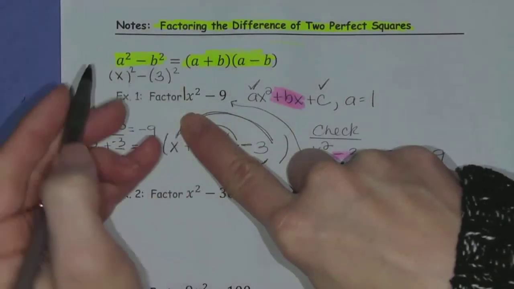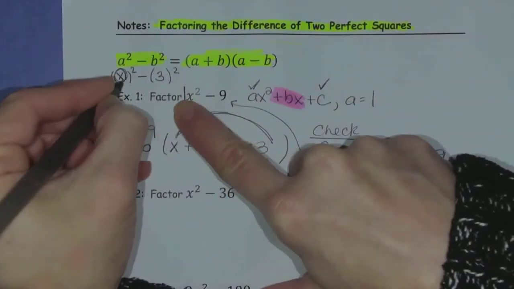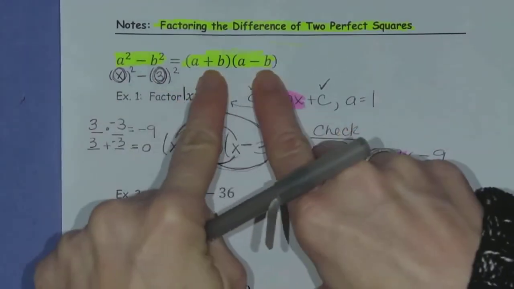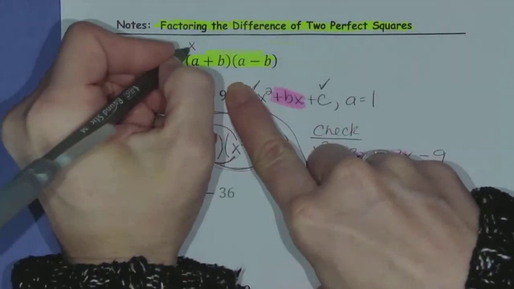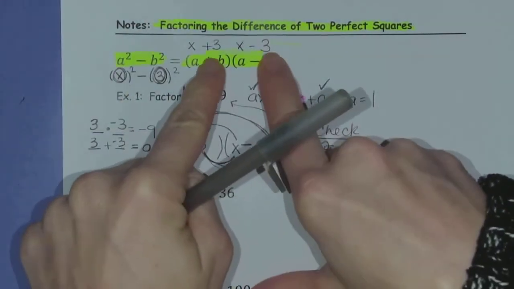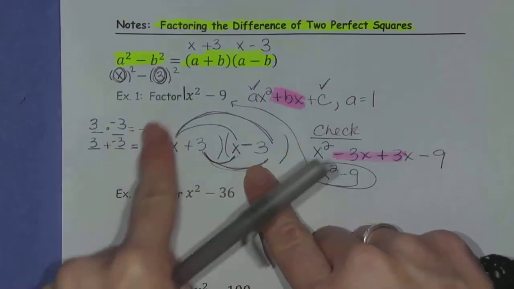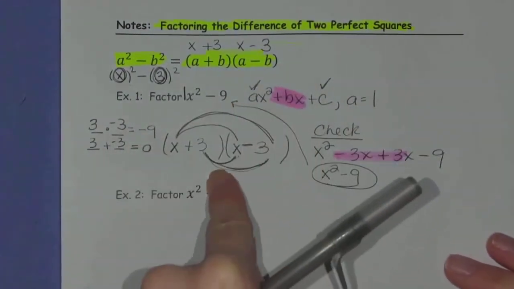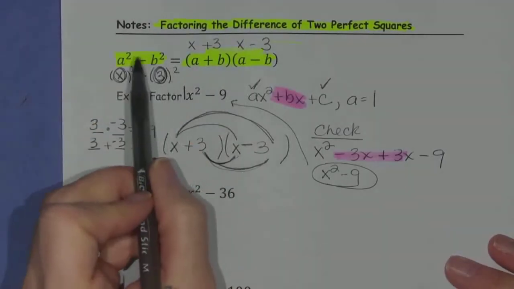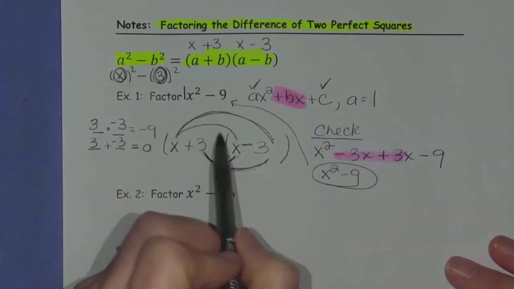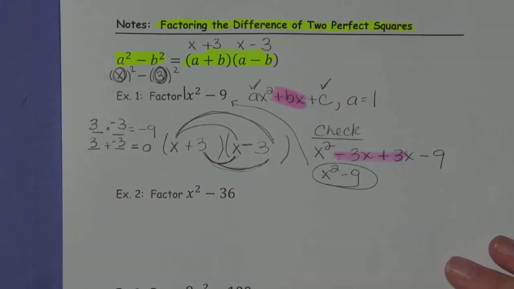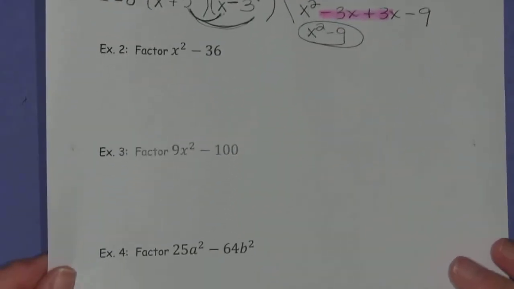Now, once I get there, here's my a, here's my b. So the factored result is supposed to be a plus b, a minus b. And that's the exact same answer we got when we thought it through. The rule here is nice, it's quick, easy and painless, but let's not forget what's really going on to create the rule.